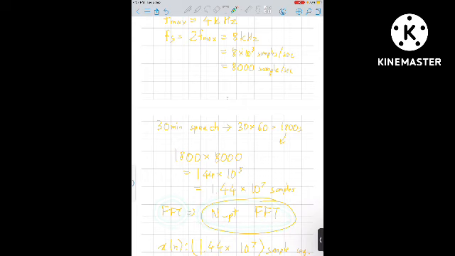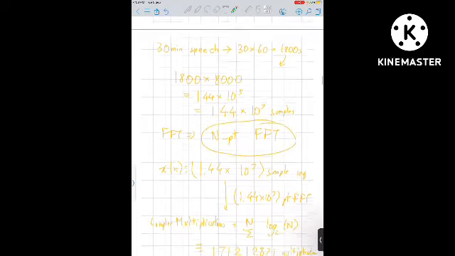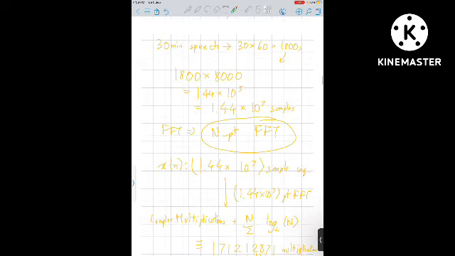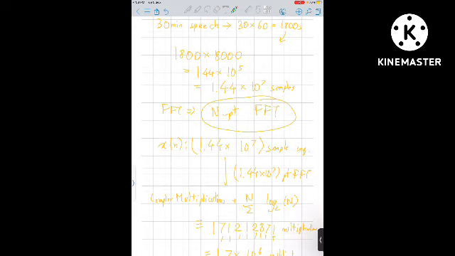Now if I want to take this signal x of n, which is a 1.44 times 10 to the power 7 sample sequence, and do a 1.44 times 10 to the power 7 point FFT, we learnt in the previous lecture that it needs complex multiplications of the order of N by 2 log base 2 of N. If you try to see the actual number of multiplications, it will be more than that, with some factors.